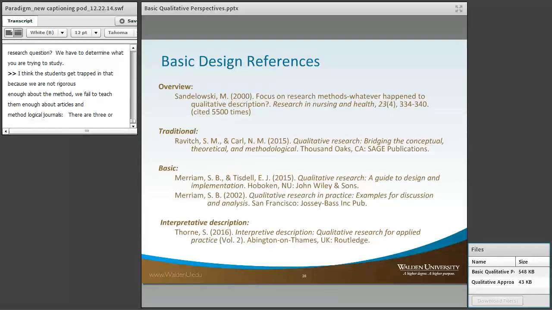This is such a descriptively useful article about why basic is a powerful method. And yes, it may come from the nursing field, but education students could use it just as well as public health and public policy could. So I've been pushing my students that way too, so that they don't just sit with Creswell in their lap and say, well, I'm going to borrow a little from the five methods that Creswell celebrated.